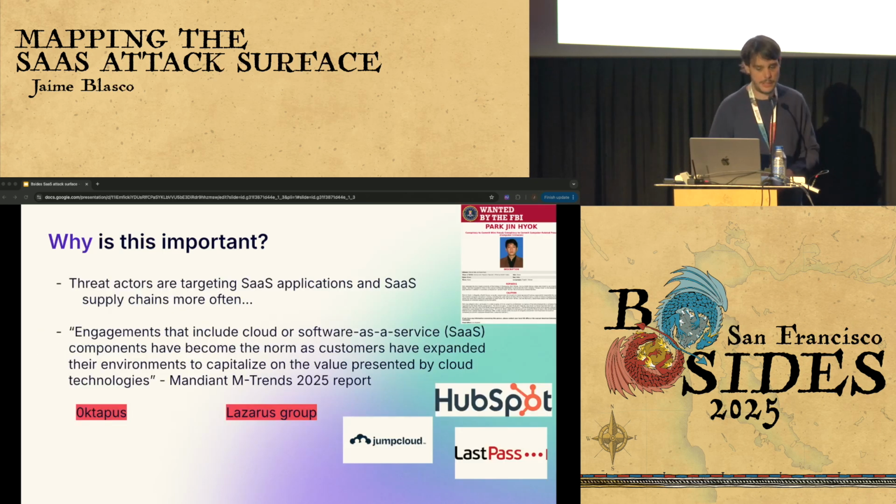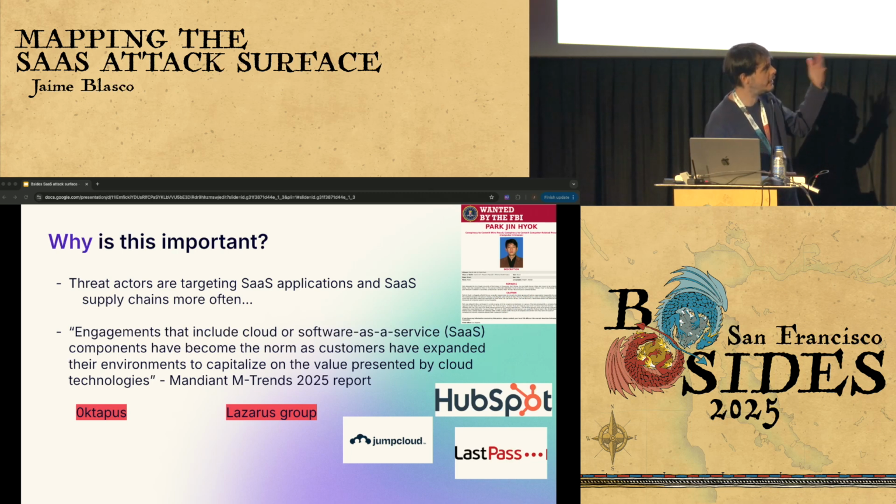In addition to that, we are seeing so many threat actors targeting SaaS applications and supply chains. As an example, Lazarus Group, which maybe some of you are dealing with, targets mainly cryptocurrency companies. And one of the things they like doing is actually hacking the SaaS providers in their supply chain to access information about those companies.